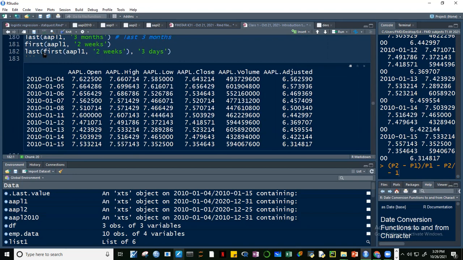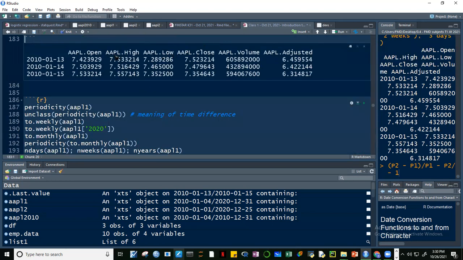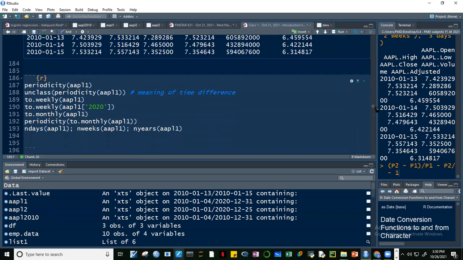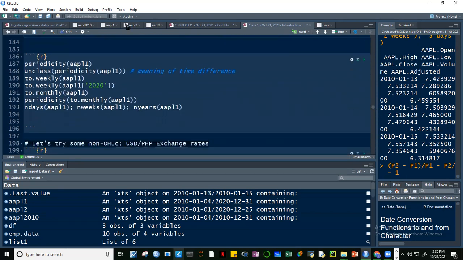Because first, Apple will give us the first 2 weeks, and then the last 3 days of this is January 13, 14, 15. Of course, guys, there's an easier way to do that. There, 13, 14, 15. So these are very important functions.